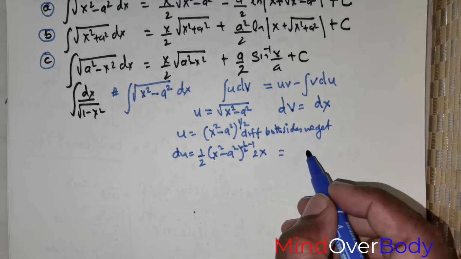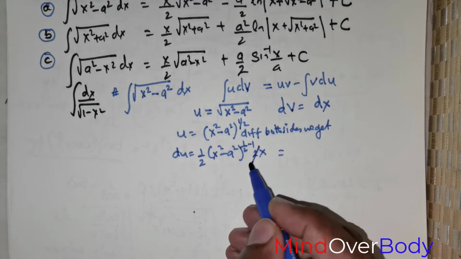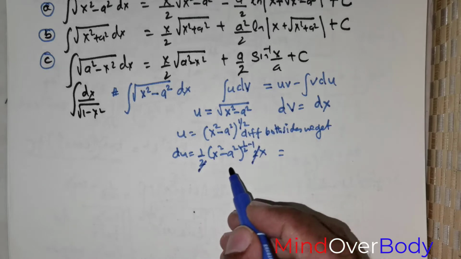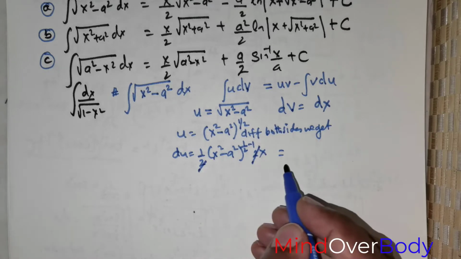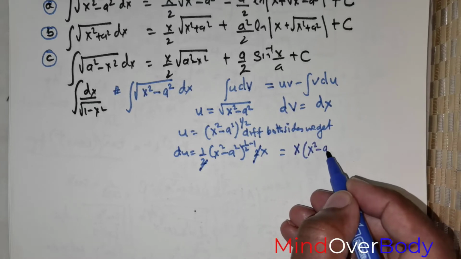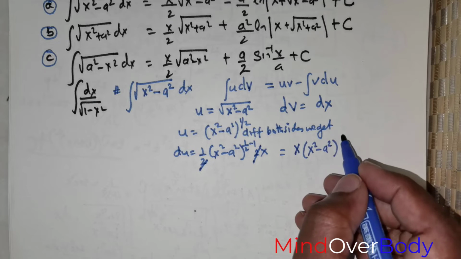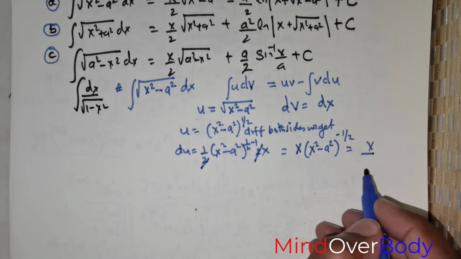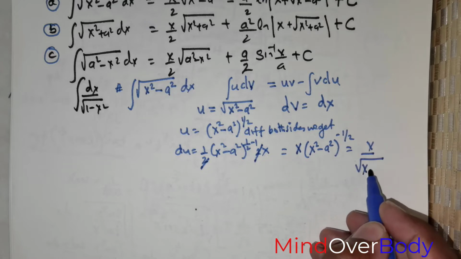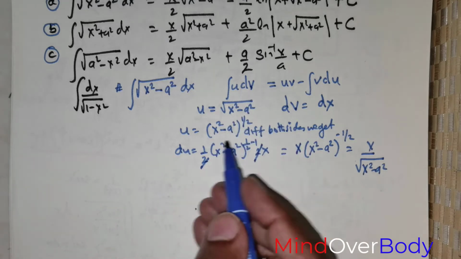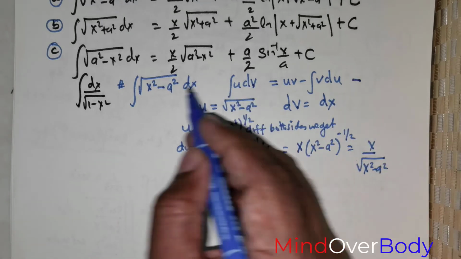If I rewrite this, the 2 cancels with the 1 over 2, thereby giving me x times x squared minus a squared raised to the power of negative half, which is nothing but x over root of x squared minus a squared. So this is my du. Now let us use this formula and write the question.